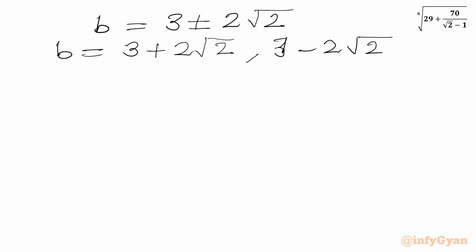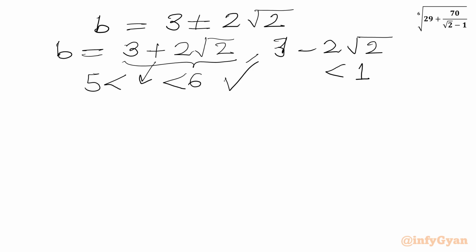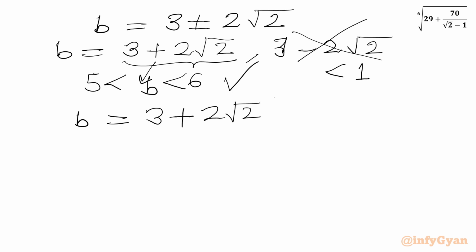Now 3 minus 2 root 2 is less than 1. This value is lying in the interval less than 6, greater than 5. So we will accept this value and we will reject this value. As our condition on b was, b should be in the interval 5 to 6. So I will write the final b value. It is 3 plus 2 root 2.